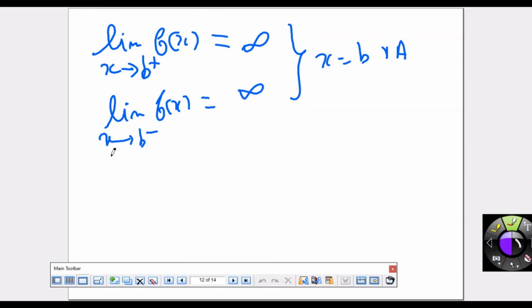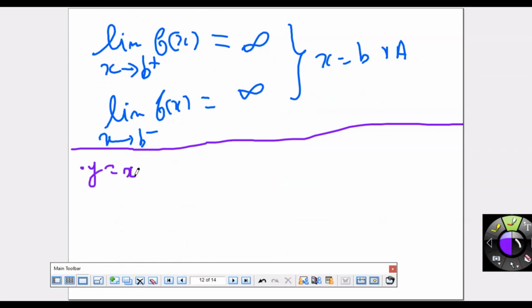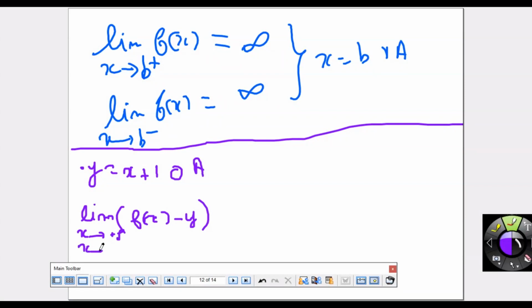How do we prove an oblique asymptote? The question will be given, for example: show that y equals x plus 1 is an oblique asymptote. In this case, how are we going to do it? We prove it like this. Limit of f of x minus y, minus the oblique asymptote here, when x tends to plus infinity, and you're going to do it also when x tends to minus infinity, my answer should be 0.